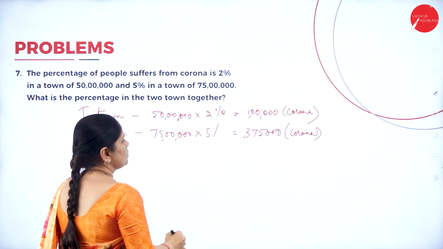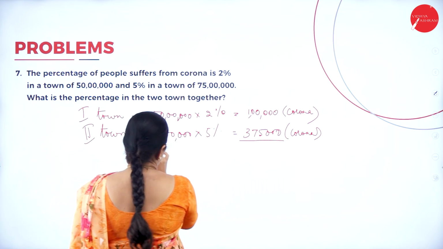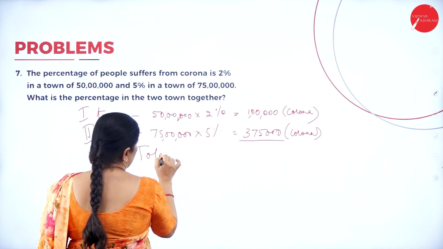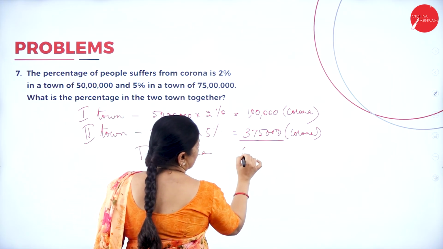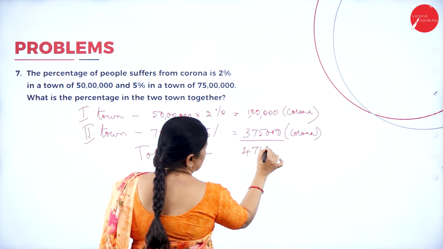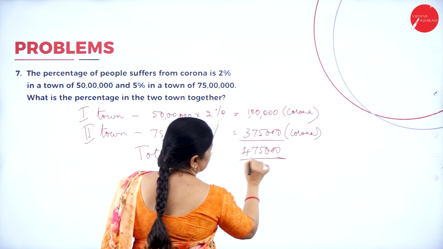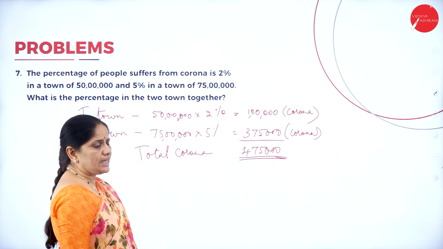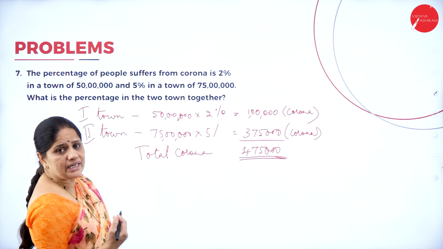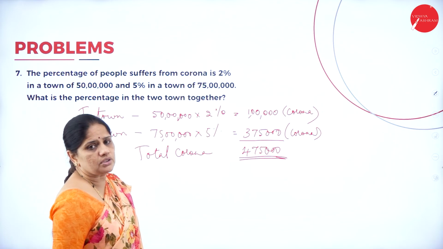Now, what is the total number here? Total corona patients is 4,75,000. Now we have to find out the total percentage of both.